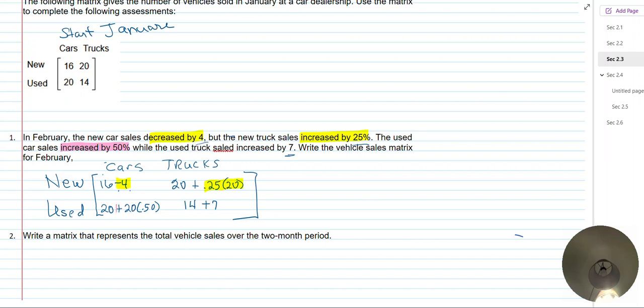So we put plus 50% of the 20, which is 0.5. While the used truck sales increased by 7, sorry, increased by 7. We did good. Now we're going to do the math and do the new matrix.